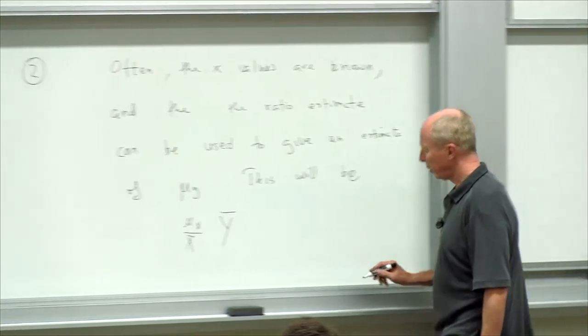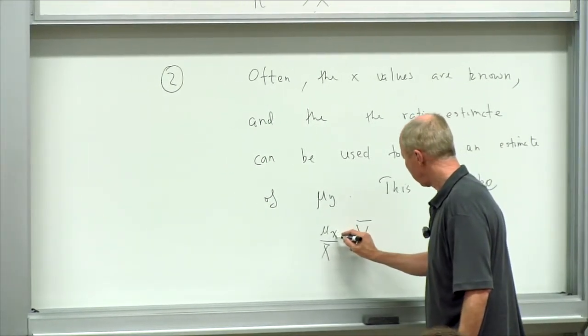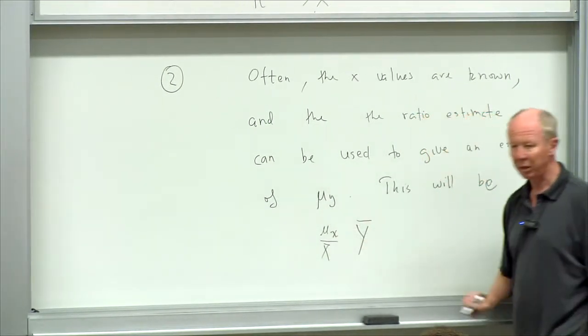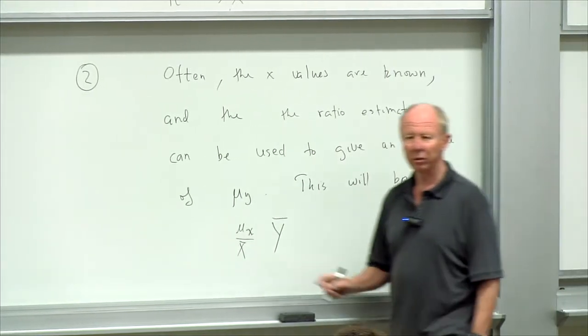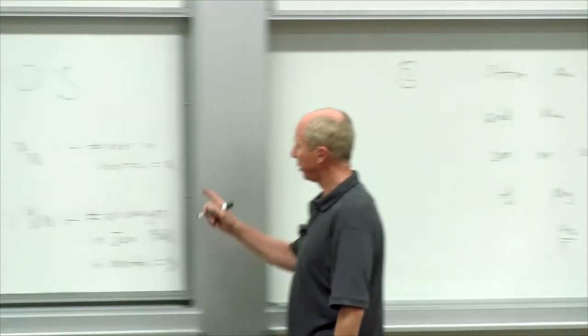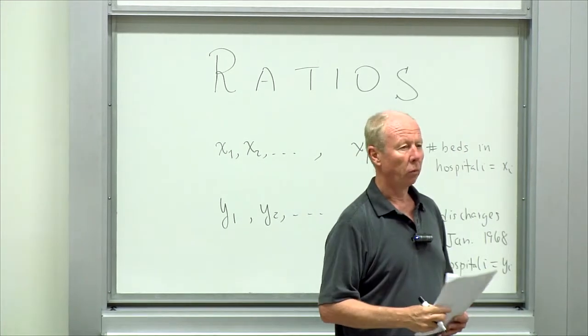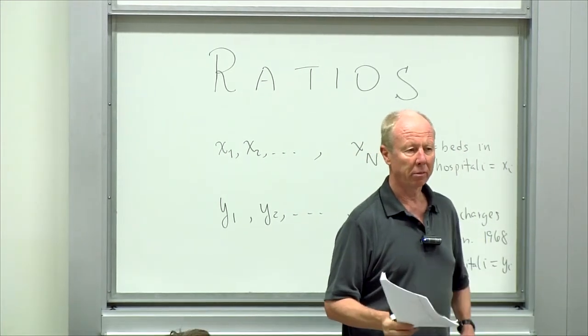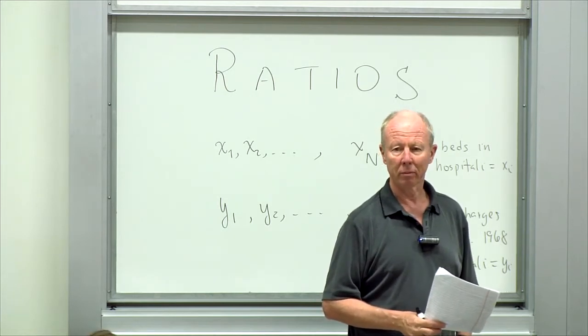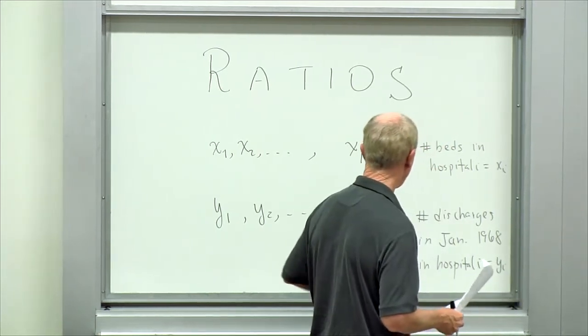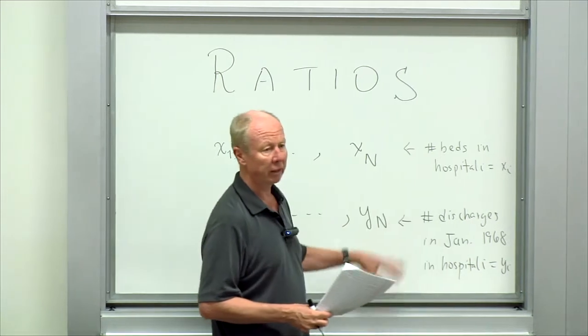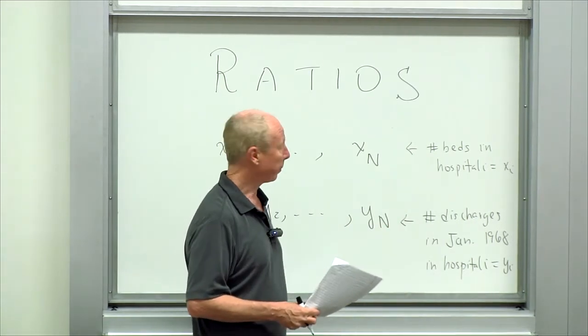So here we take the known population mean. For example, in the hospital example, the number of beds in the hospitals, you can get that information. It's not so hard. Number of discharges changes every month. It's kind of random.